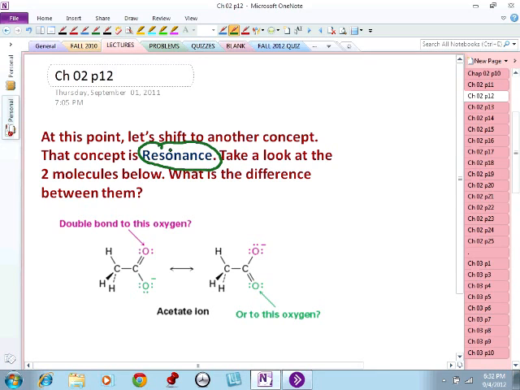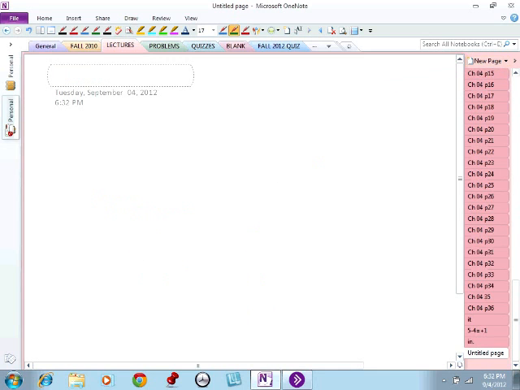We are going to spend some time on this particular topic. Supposing I give you this molecule here. Keep in mind we have hydrogen here, we have hydrogen here. And then I say I move this pair of electrons.